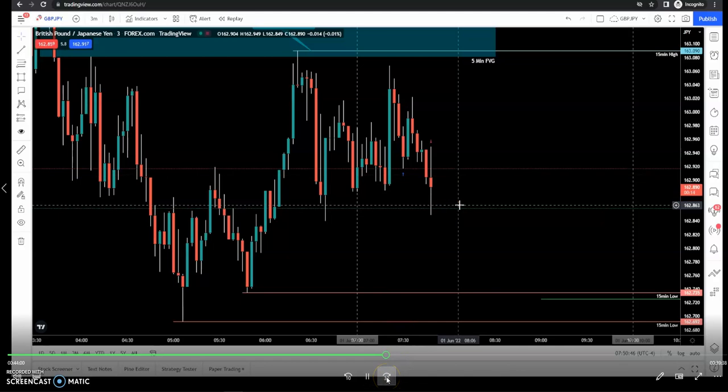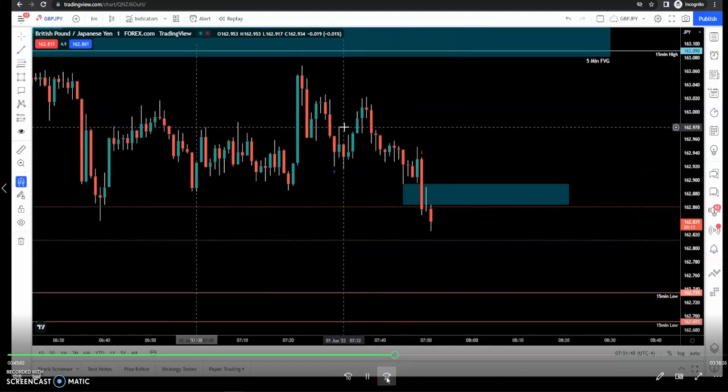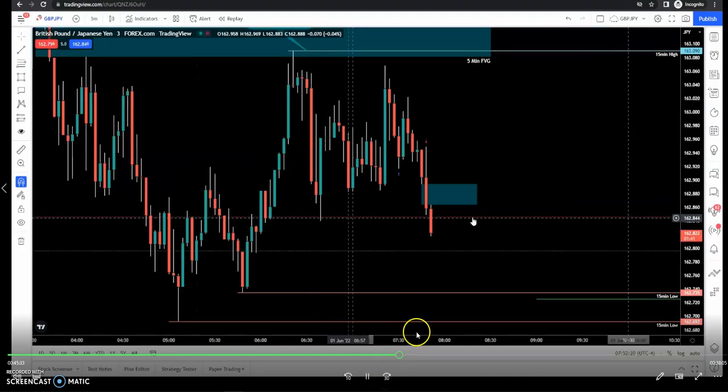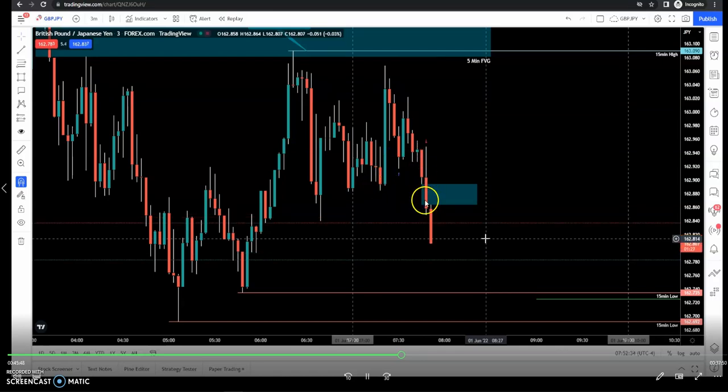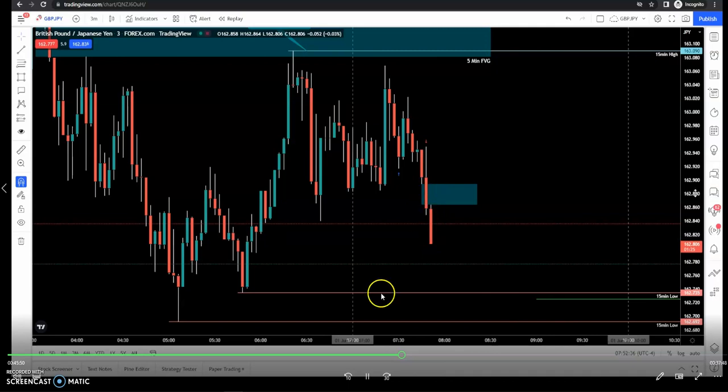So moving forward, I'll change my bias once I seen this, because this time now, we've already broke the highs, now we're breaking the lows, and as you can see, we've broken this here and here through this move, and we have a fair value gap.